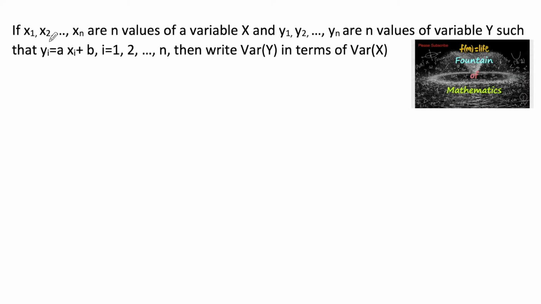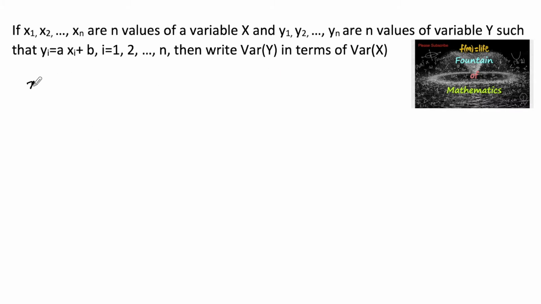If x1, x2, and so on xn are n values of a variable x, and y1, y2, and so on yn are n values of variable y, such that yi is equal to axi plus b for i equal to 1 to n, then write variance of y in terms of variance of x.